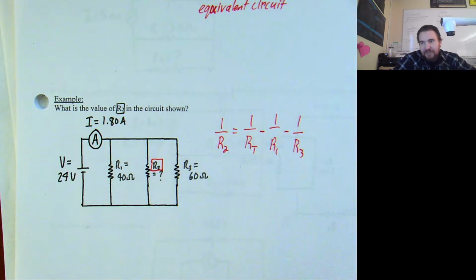Okay. It's an interesting way to start. We'll leave the RT first. We know what R1 and R3 are, but yes, Connor is right. We've got a problem here. We need to know what RT is. And we get that by doing what?